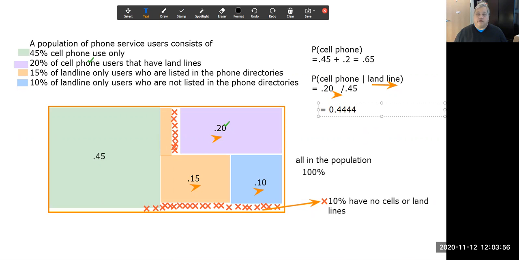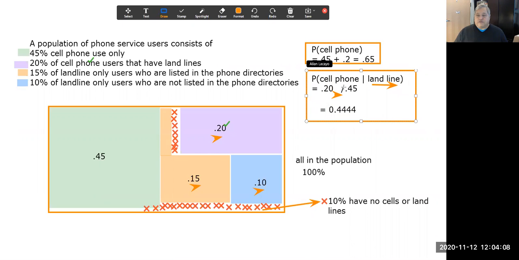What do we know by looking at these two calculations of probability, the calculation that we call the marginal rule and the conditional rule? We see that the answers are not the same. One answer is 44%, the other one is 65%. So therefore, what can we say about cell phones and landlines? We can say that there is a dependence.